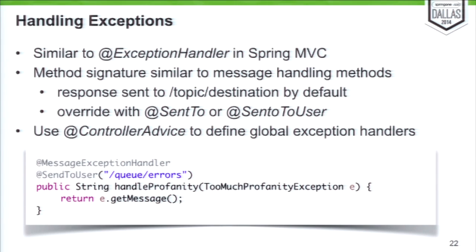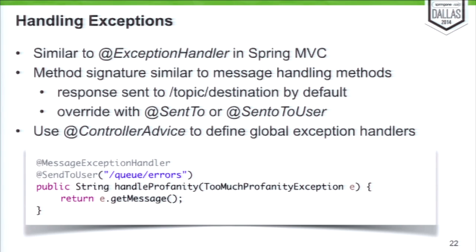So what happens if we have any exceptions in our controllers? Because in Spring MVC, we have exception resolvers. Here, we introduce the @MessageExceptionHandler annotation in order to process any exception thrown within the controller. Whenever we have an exception, this method will be called, and you'll be able to handle it.